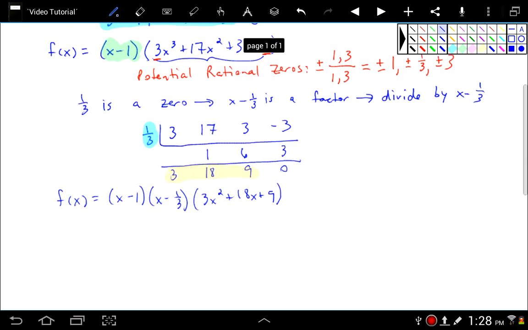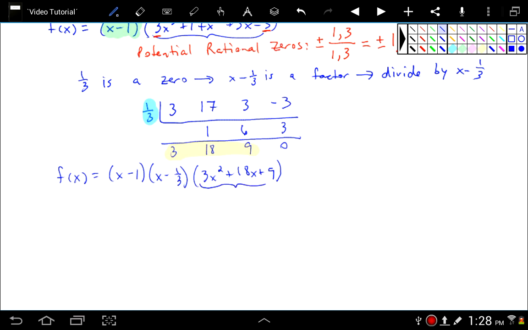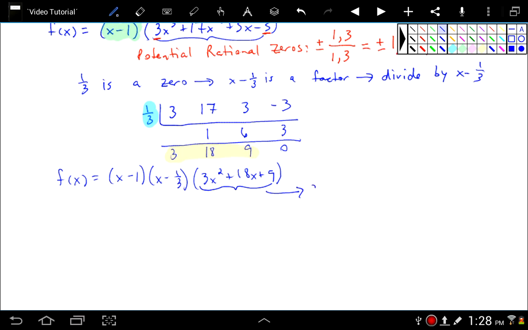Now I need to factor this quadratic. I did the work before the video. I'm not going to go through how to do that. It's quadratic, so we set it equal to 0. When you solve this equation, you get x equals -3 plus or minus the square root of 6. Okay?